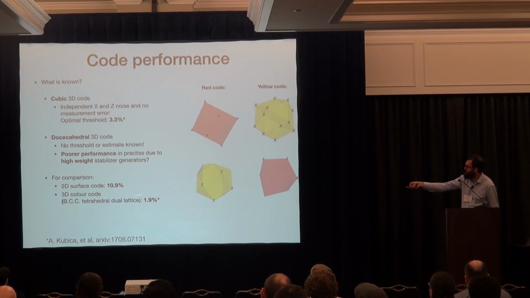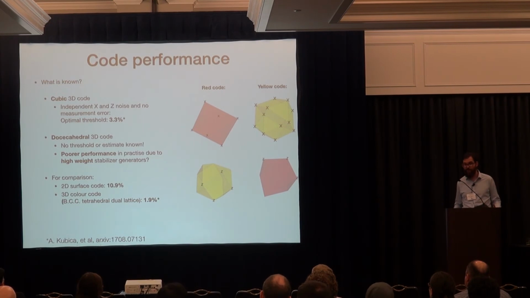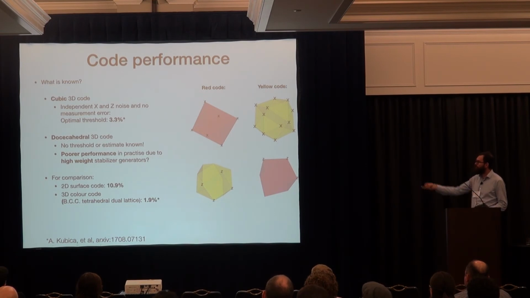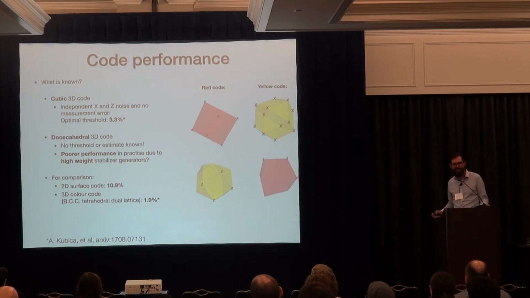And this result was the main result of this paper. They, for the first time, computed an optimal threshold for the 3D color code. So you see it's slightly higher than that. Now, for the dodecahedral 3D code, of course, no one studied that, but we have reason to think that it will perform worse than the cubic code because the stabilizer generators have higher weight.